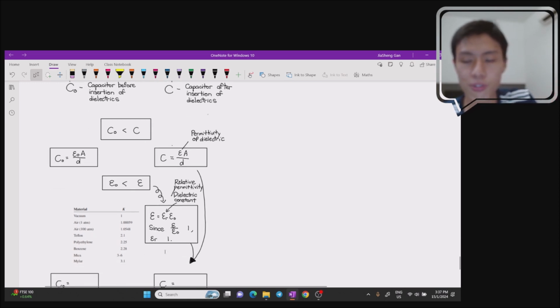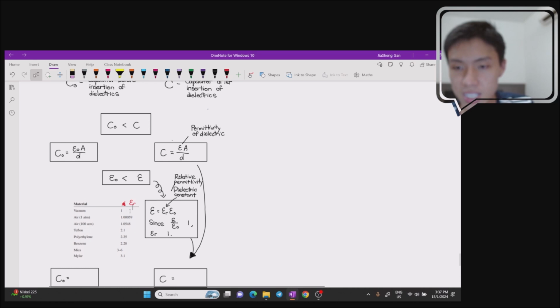Okay, so if you refer to this table on the left here, which sometimes other books use kappa, but here we use epsilon r. Different materials possess different values for epsilon r. If you put air in between the parallel plates, you improve the permittivity by 1.00059 times the original permittivity, which is when it's vacuum.